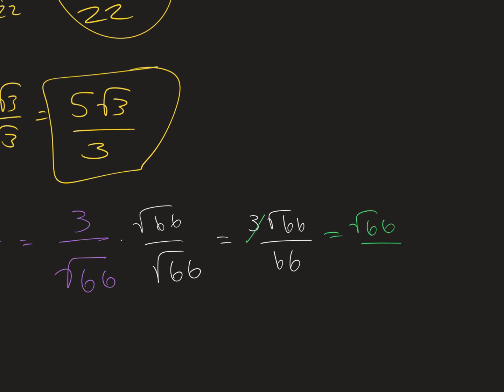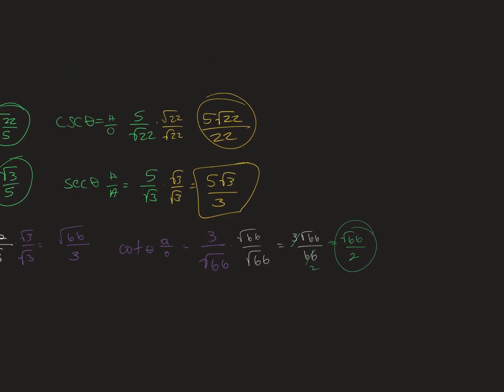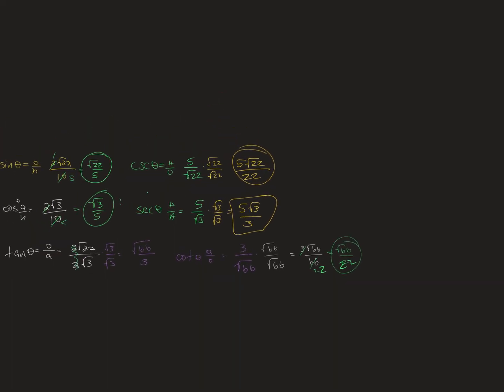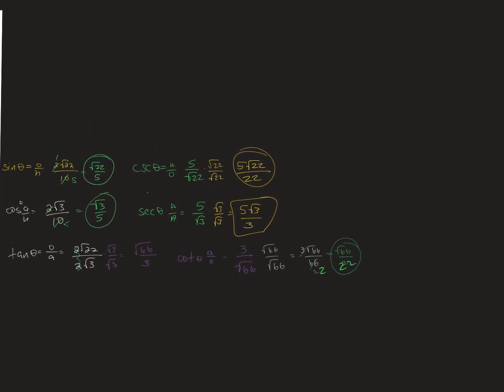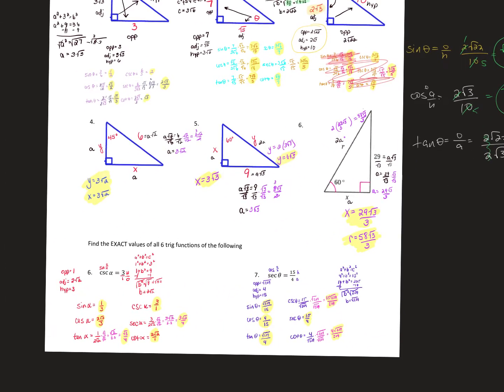Root 66 over 22, my bad, I'm sorry. You always simplify, and we always rationalize. Always. But it's really important to know your trig ratios and their reciprocals. Very important.